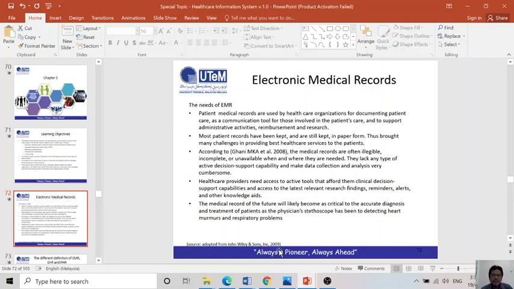Healthcare providers need access to active tools that afford them clinical decision support capabilities and access to the latest relevant research funding, reminders, alerts, and other knowledge. So electronic medical record is very, very useful when it is stored in a systematic manner and enables the healthcare provider or health worker to retrieve this data back.